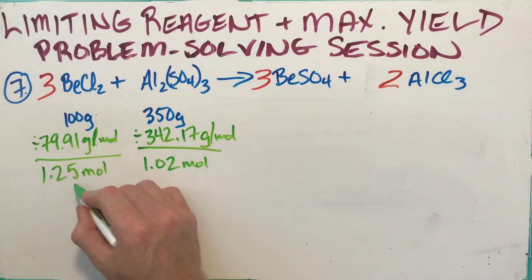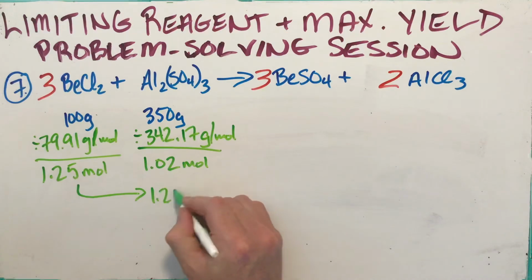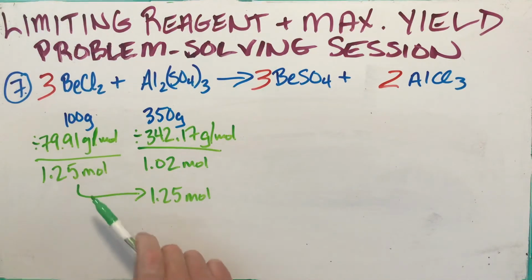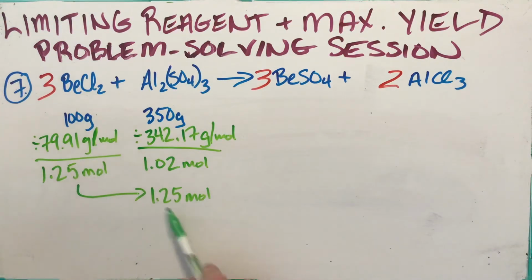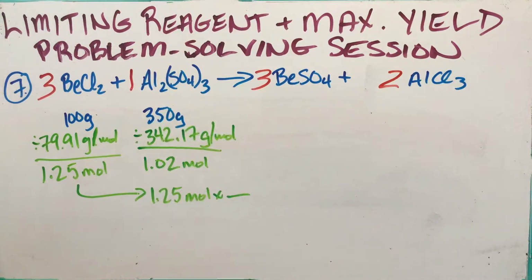Now I always take that first one and bring it over and say, if I burn off all 1.25 moles, and that's what I have because I have 100 grams, how much of the aluminum sulfate will I need? So I multiply it by the mole ratio. The mole ratio I get from the coefficients. There isn't one here, but we know there's a 1 there. We couldn't see it. So 1 over 3.